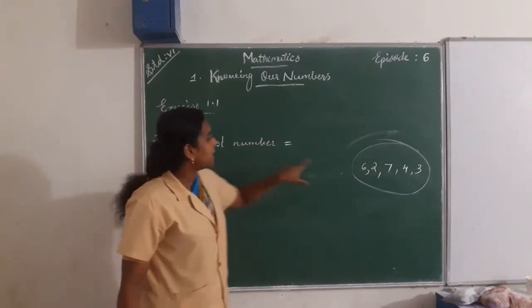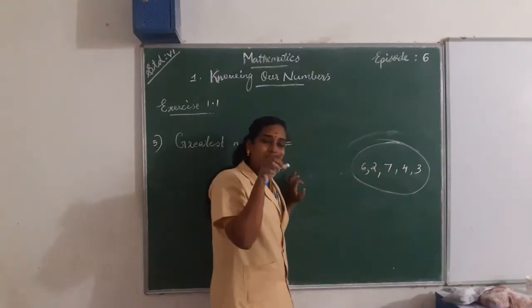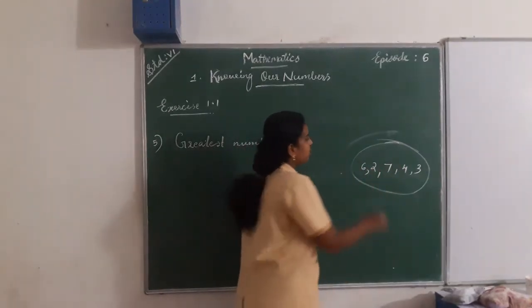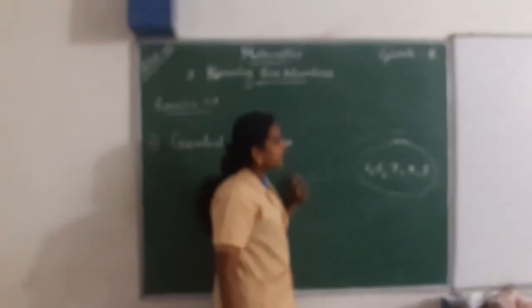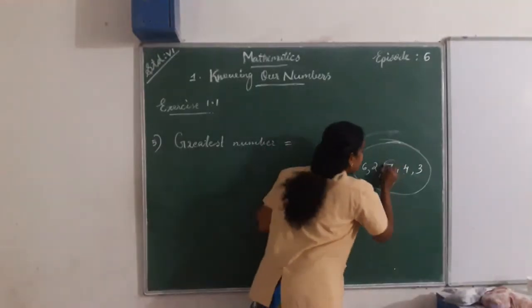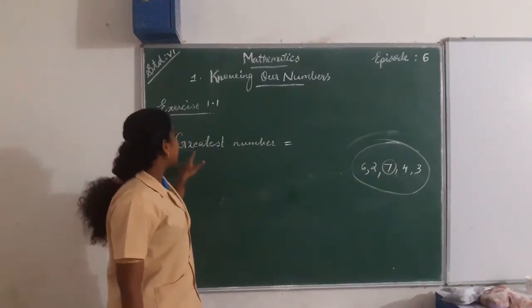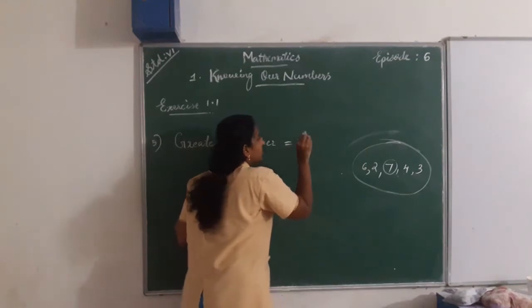To write the greatest number, we take the greatest digit first. Which is the greatest digit from 6, 2, 7, 4 or 3? Yes, 7 is the greatest digit.